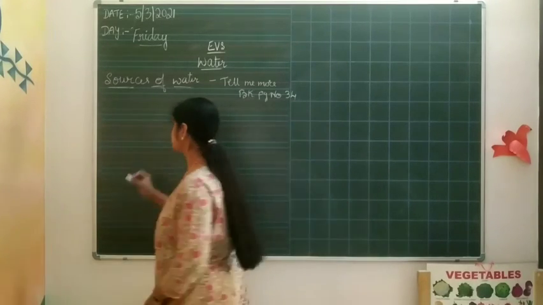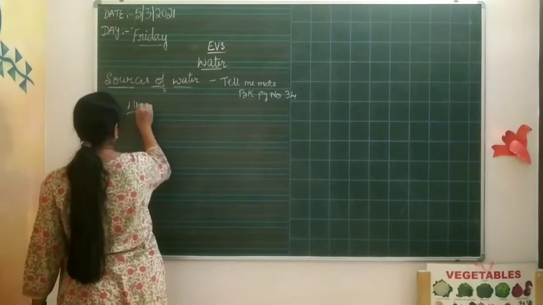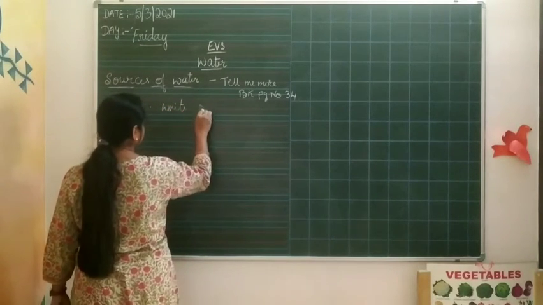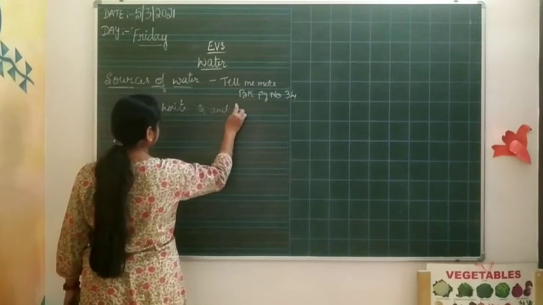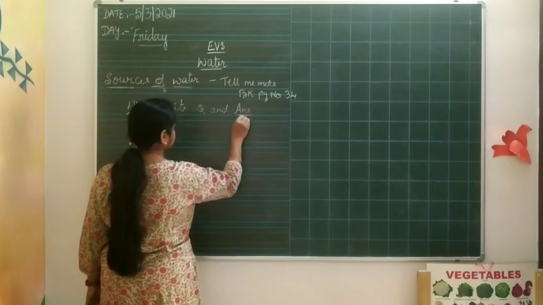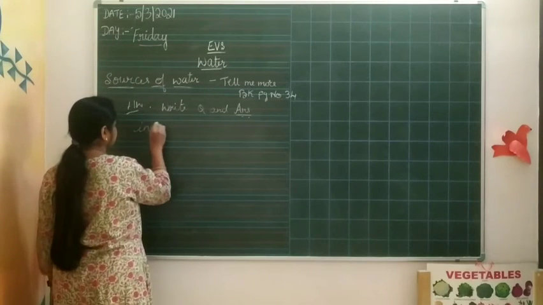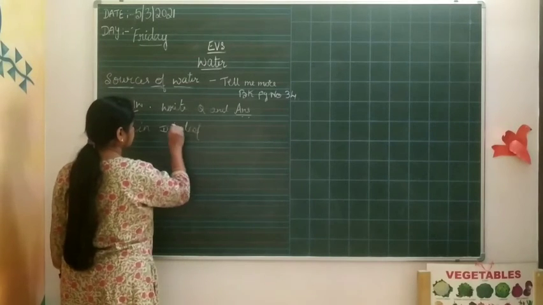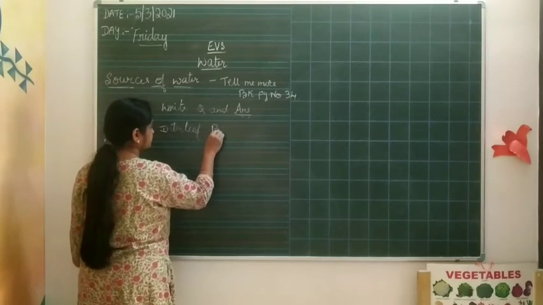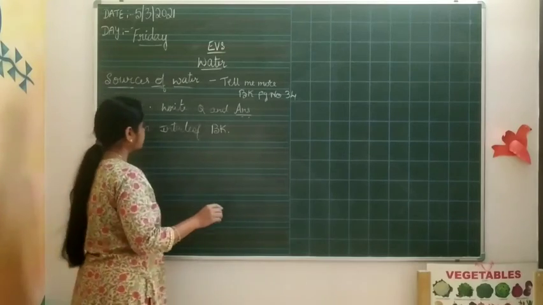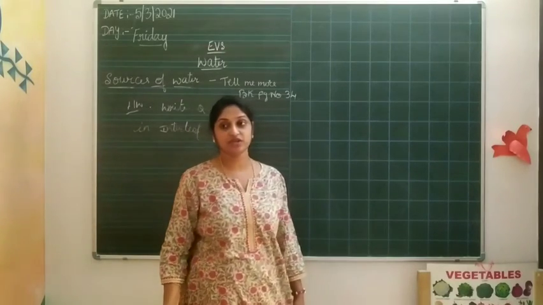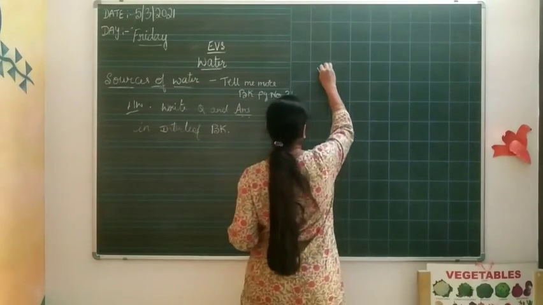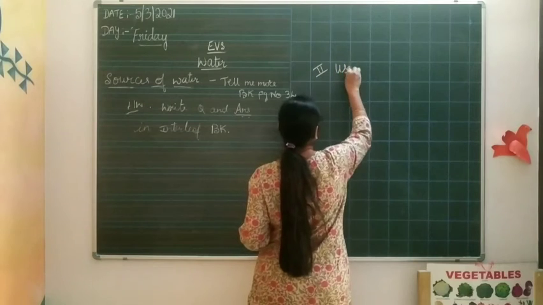The homework is: question and answer, you have to write in your internet book. Okay, next one. In the same way you have to learn the second part, that is uses of water.